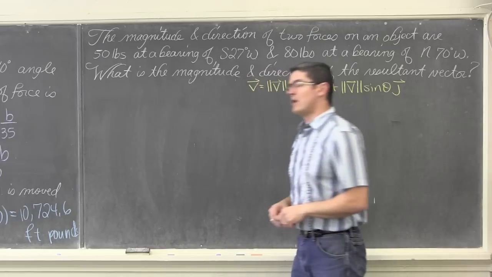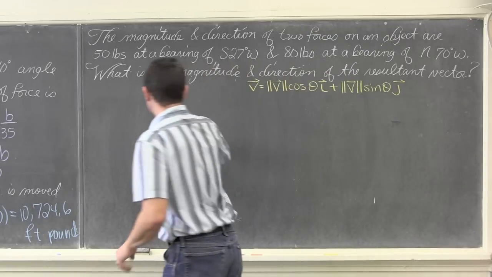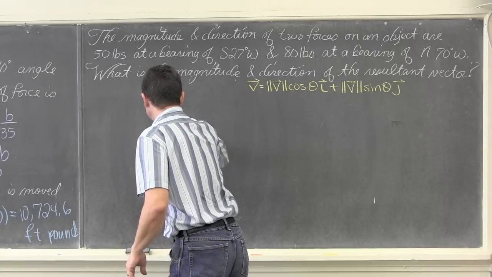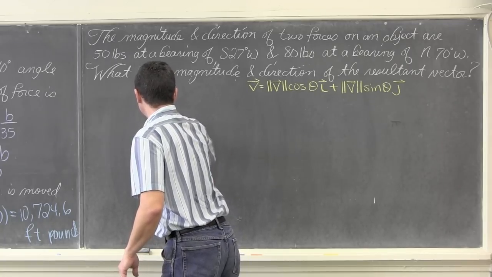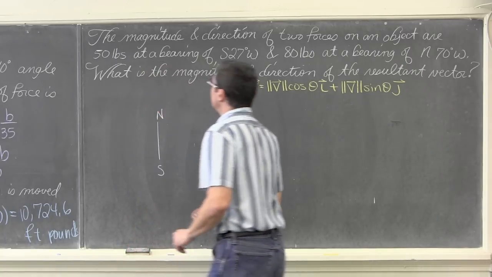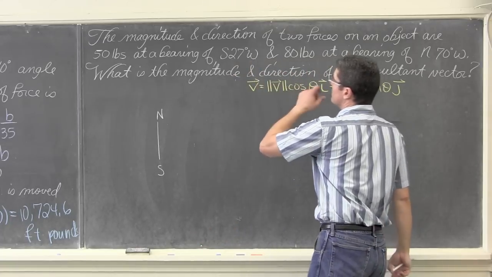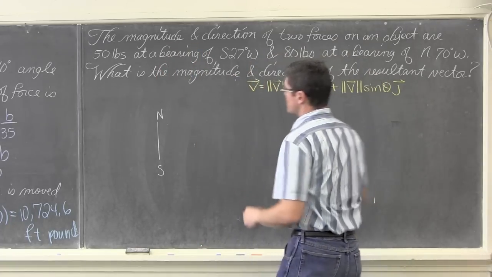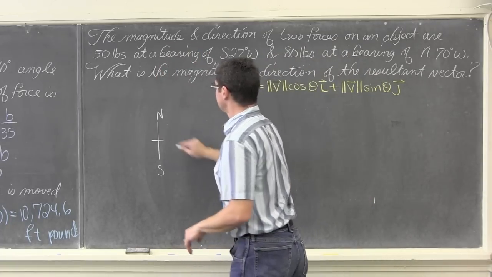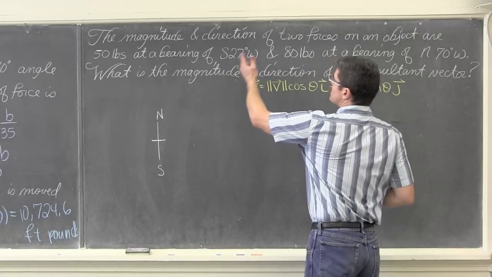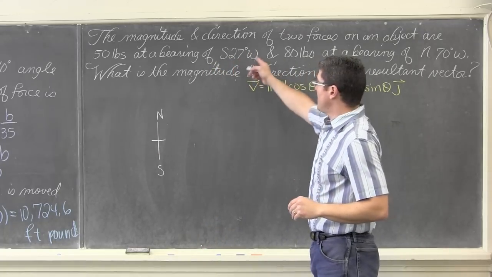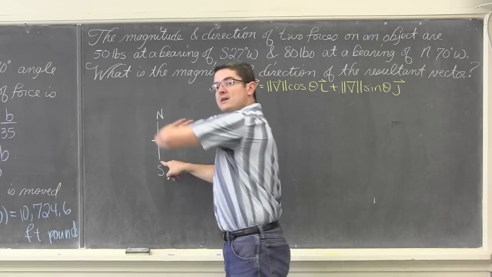Okay, well, drawing these word problems is always a big struggle, so let's get that drawn and see what it looks like. So we have a north-south line, and we have a vector. They're starting from the same point, so they're going to start about right there. South 27 degrees west. Well, here's south, west is to the left.